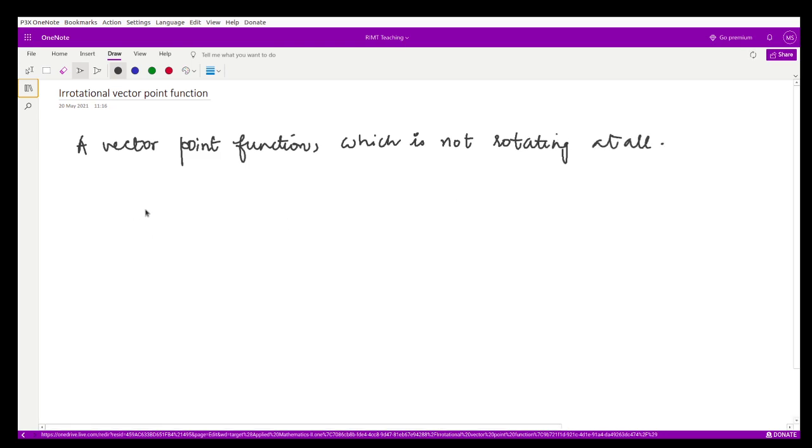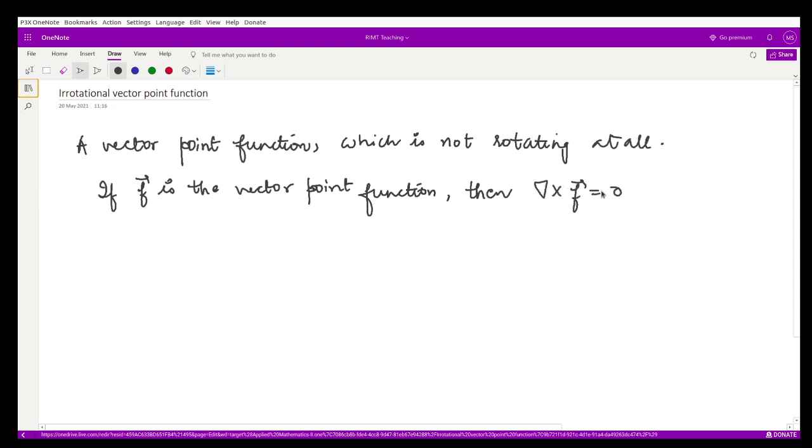So that means we can say if f is the corresponding vector point function, then its curl is equal to 0. So if this is the quantity, we call this an irrotational vector, right?